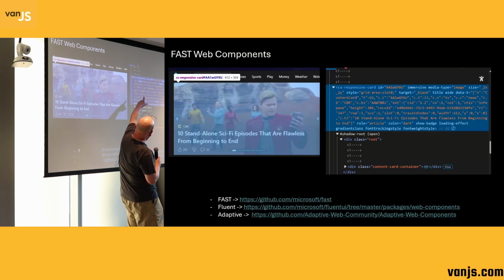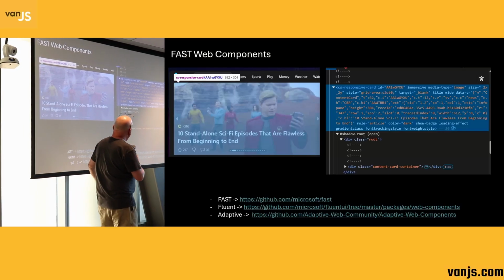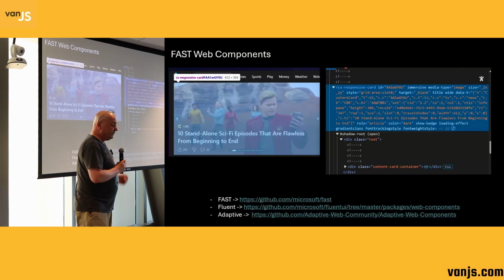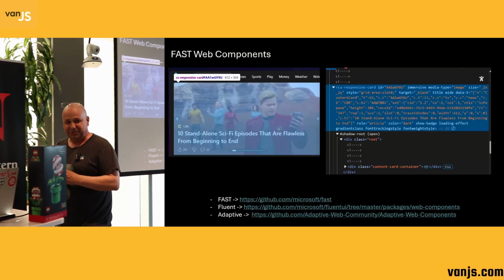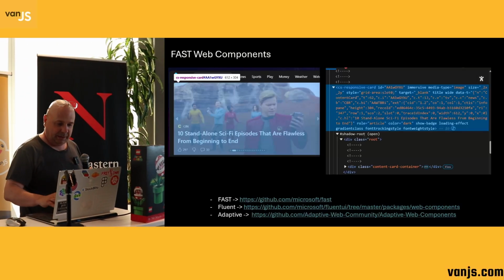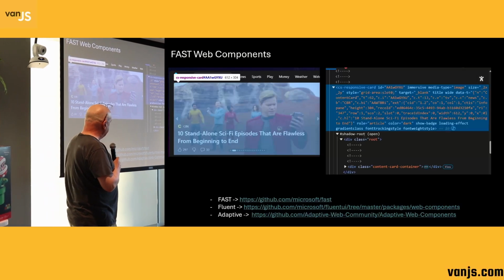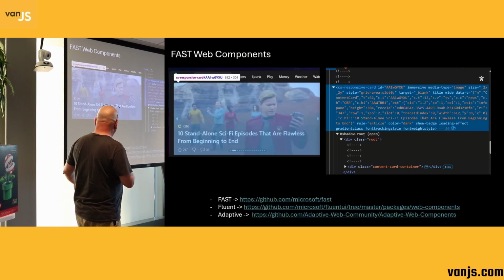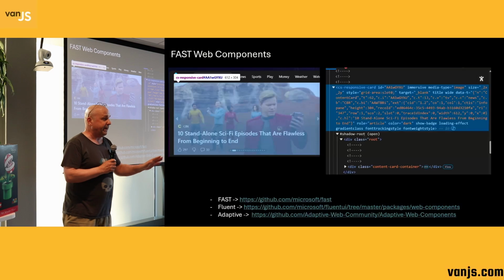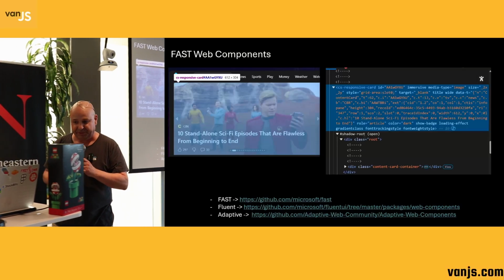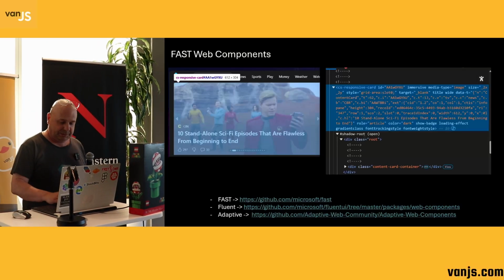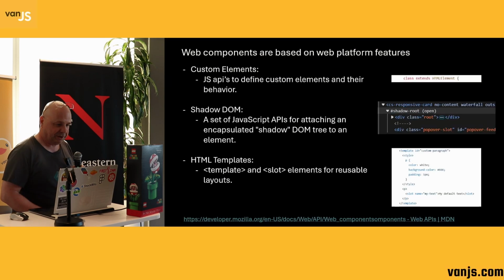You can tell it's a web component because there's hyphens in the tag. And it's got a shadow root. Not all web components have shadow roots, but this one does. You can see Microsoft Fluent web components are based on FAST, and there's some other things out there. I will admit FAST is a bit niche. It's Microsoft internal.